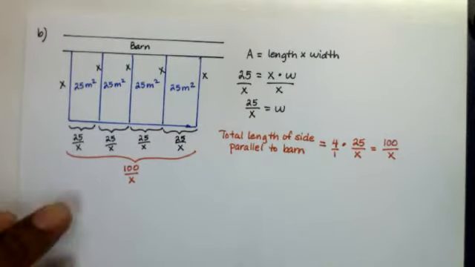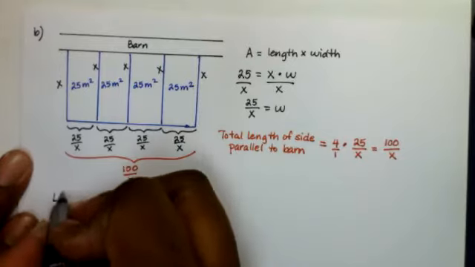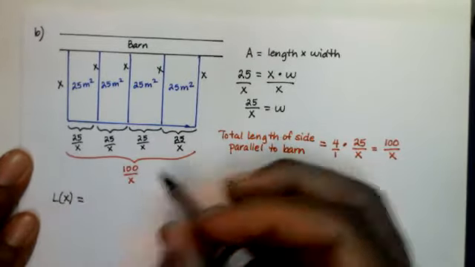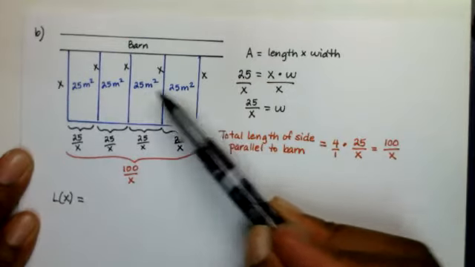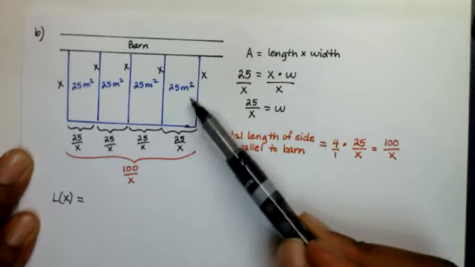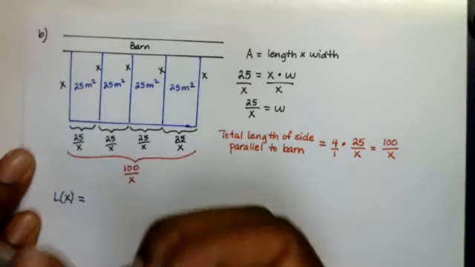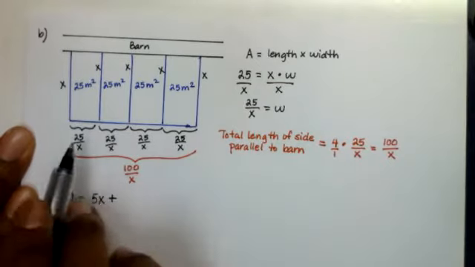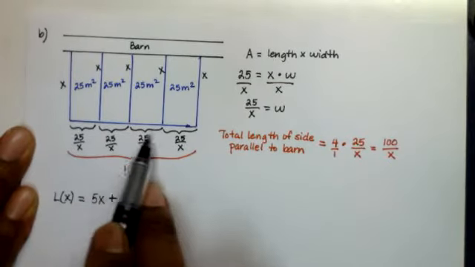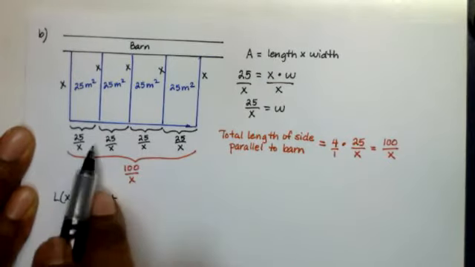And I'm going to call this L of X. And that's equal to, all right, these are fencing right here, each of a length of X. So there are 5 of them. So it'll be 5X plus the total length of the side parallel to the barn.